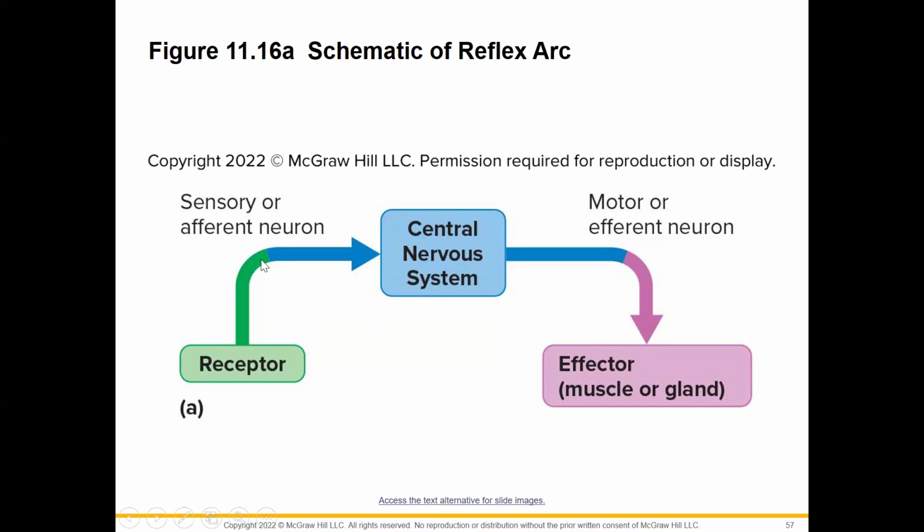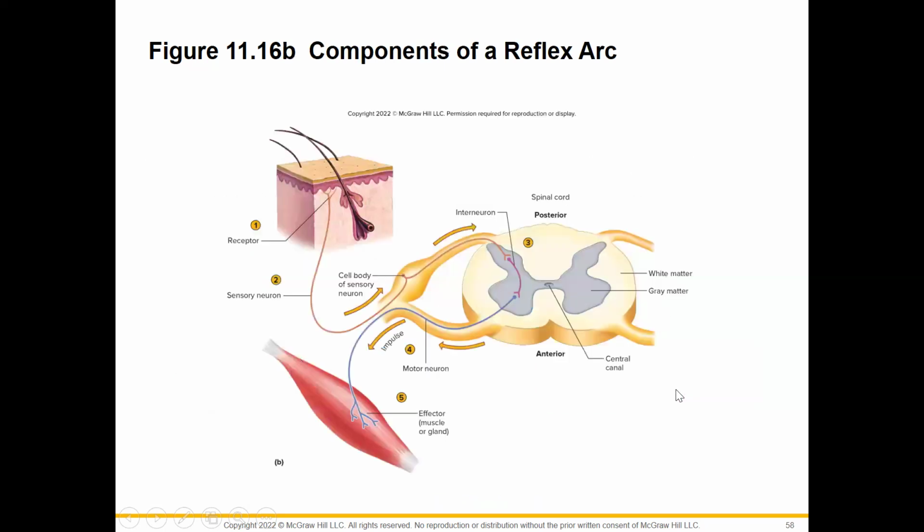It sends that information to an afferent neuron. Afferent neuron goes to the central nervous system where it encounters an interneuron. Interneuron processes and decides if something should be done, and when it decides something should be done, sends that information to an efferent neuron, and eventually it connects to an effector that carries out the action.